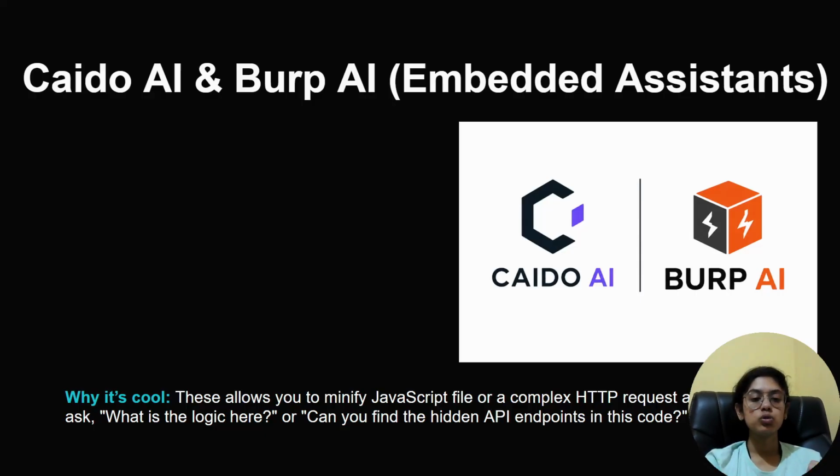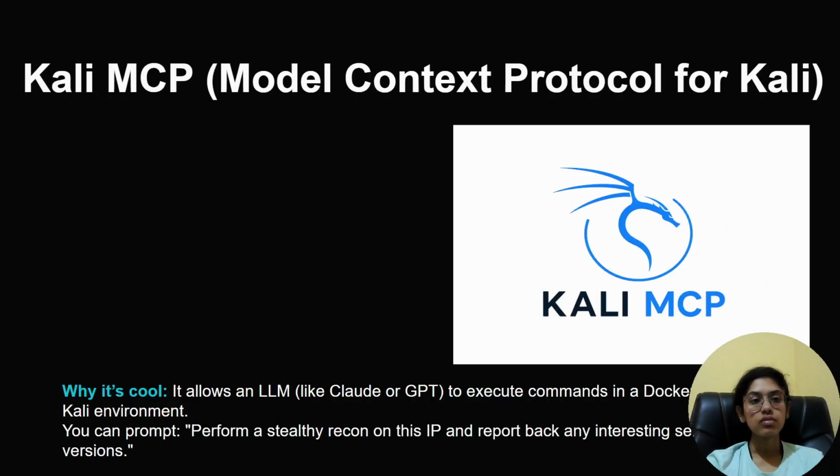How can that be helpful? It allows you to unminify JavaScript files, and you can just prompt it, like what is the logic of this particular web page, and can you find a hidden API endpoint in this code. It will give you the answer within a second.